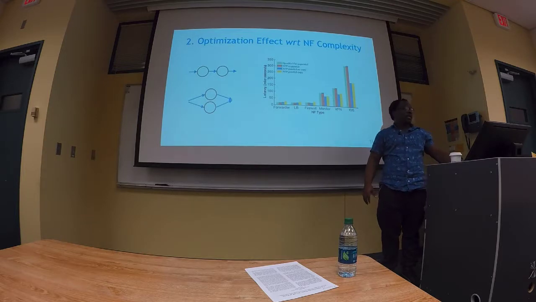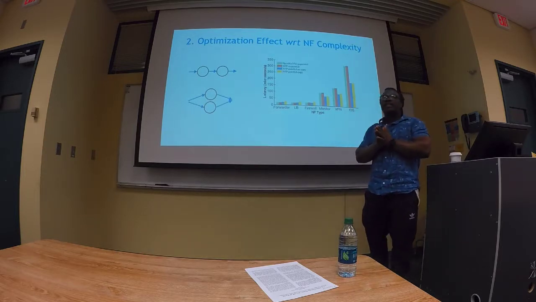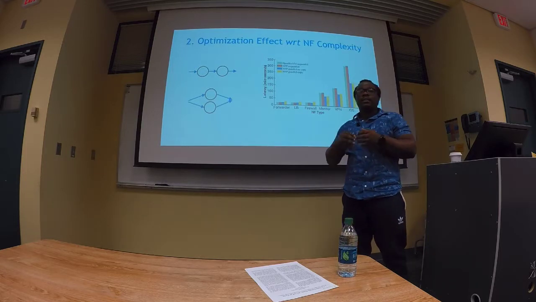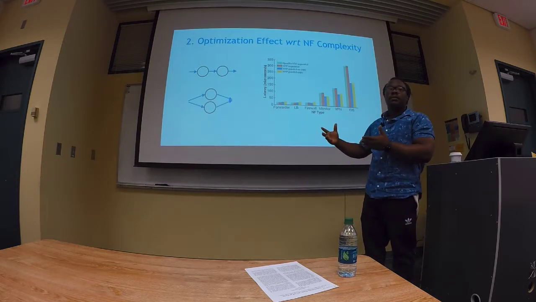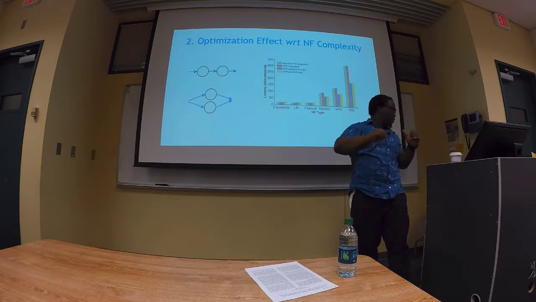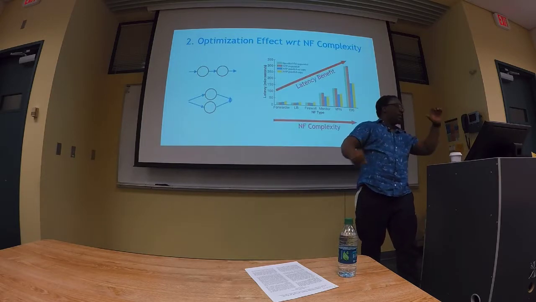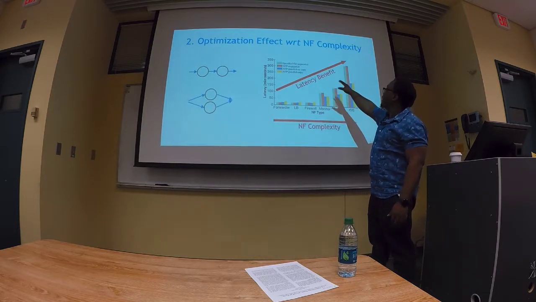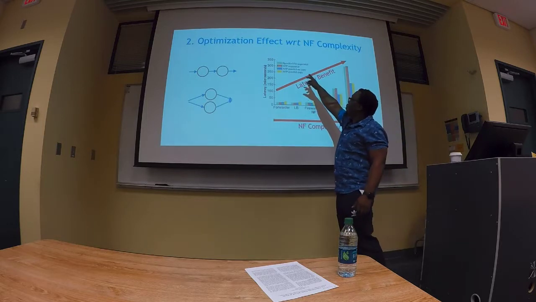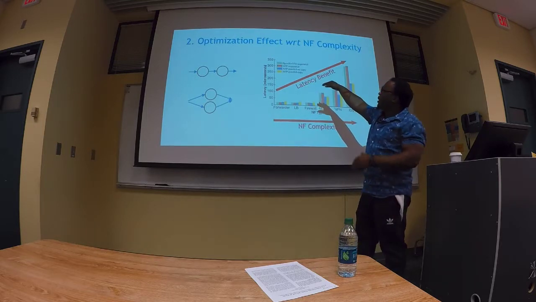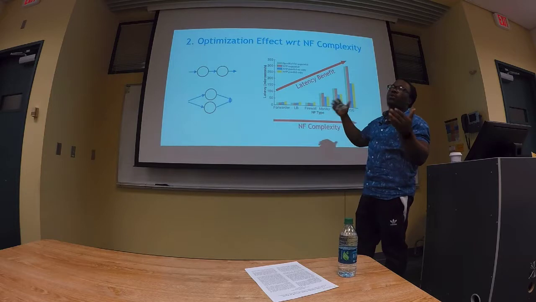All right. So now they claim that with increasing complexity of NFs, the performance becomes better. Here we have the latency benefit, and here we have OpenNetVM, the sequential, the parallel, and the parallel no copy.